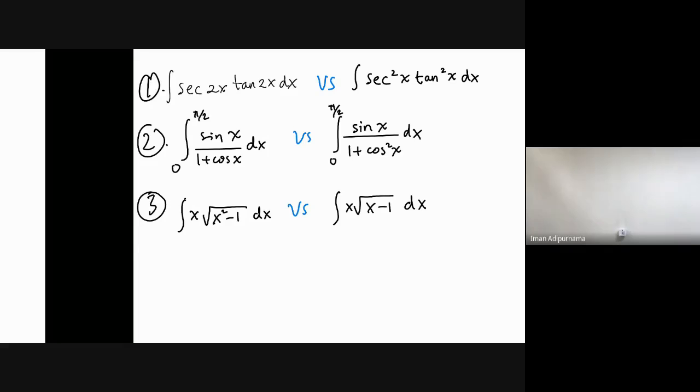And you need some techniques to reverse how the derivative process is, okay? And see that if you just sin x over 1 plus cos x, maybe it's easy, but when you make square here, maybe that will be different story.